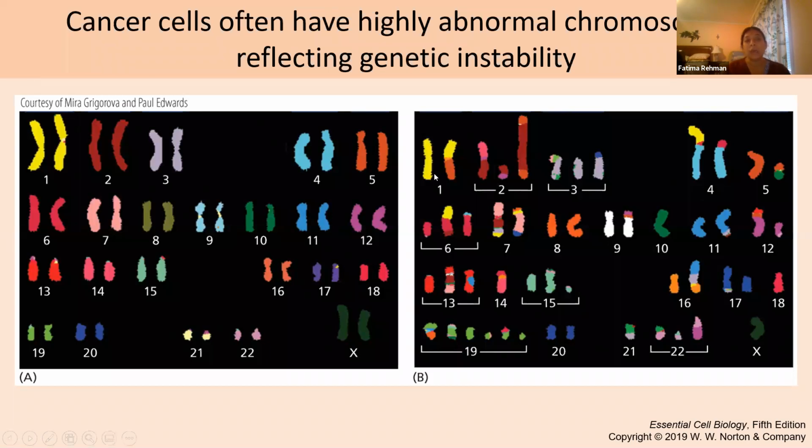While a normal karyotype shows nice organized chromosomes, all 23 pairs looking very similar, a cancer karyotype will show a lot of abnormalities, where you have a lot of translocations, duplications of parts, and different chromosomes showing up in a very different way. And that shows the genetic instability of that system.